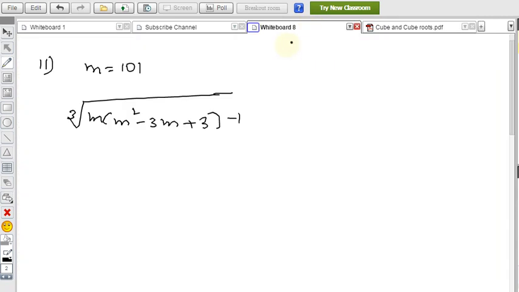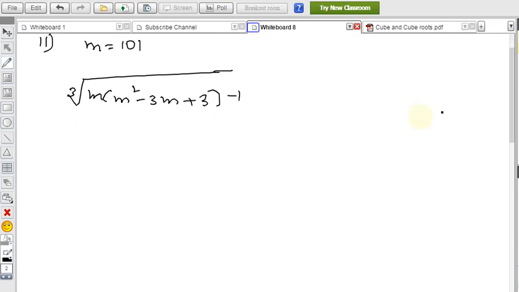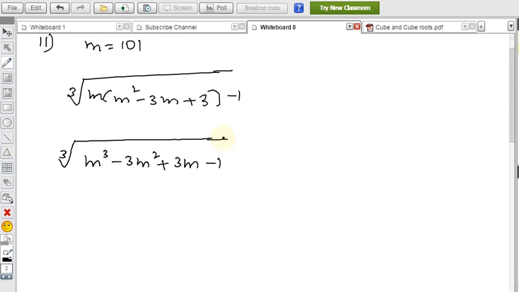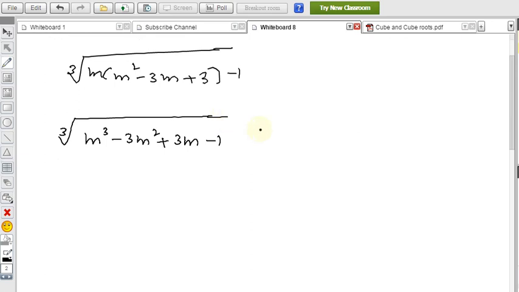So instead of substituting directly, let us simplify the given question first. Cube root of m into m square, m cube minus 3m square plus 3m minus 1. Now, a cube minus 3a, one of the formulas, because cubes means in the form of cube formulas.